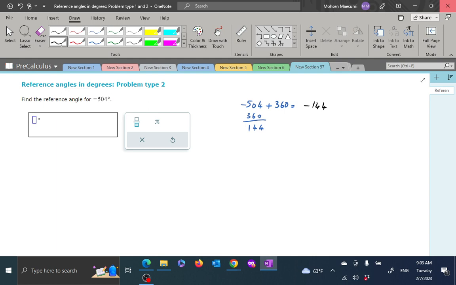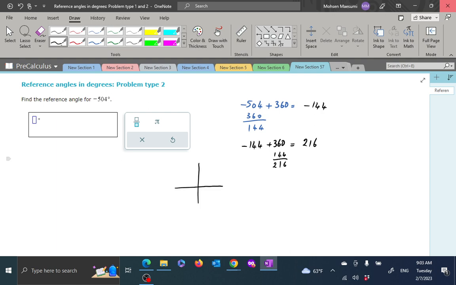If you don't like negatives, all you do is you keep adding 360s to it until it does become positive. So I have 216 degrees. So now I ask myself, so what did I do?